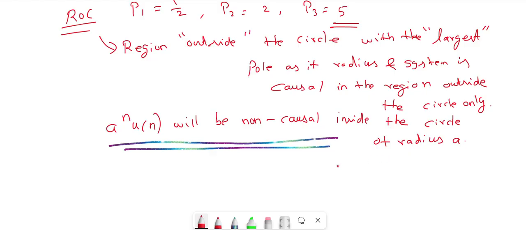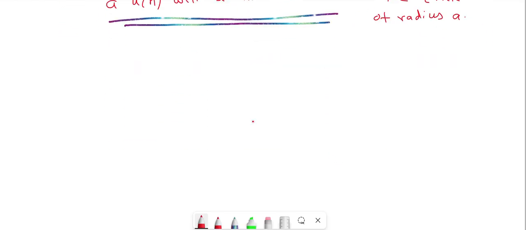Similarly, if the system contains more than one pole, which area is non-causal?